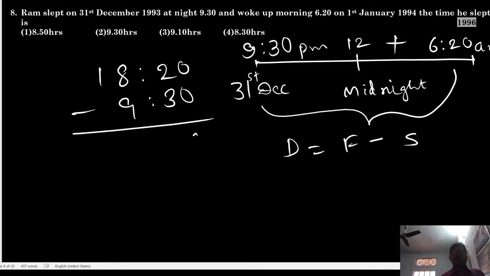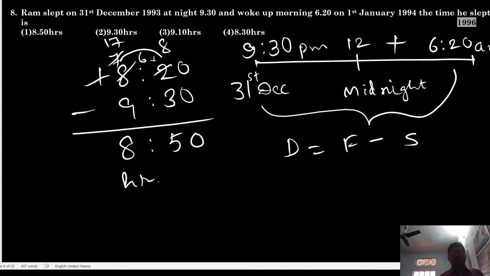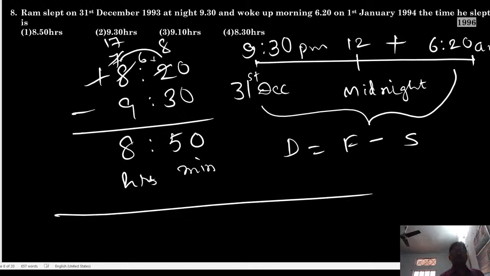Subtract 0, borrow, 6 will come, 6 plus 2, 8, 8 minus 3, 5, here 17, 17 minus 9, 8. So 8 hours 50 minutes is the duration of activity.